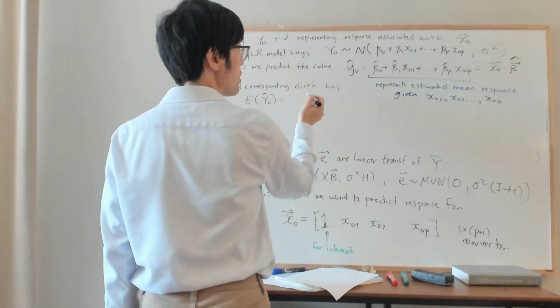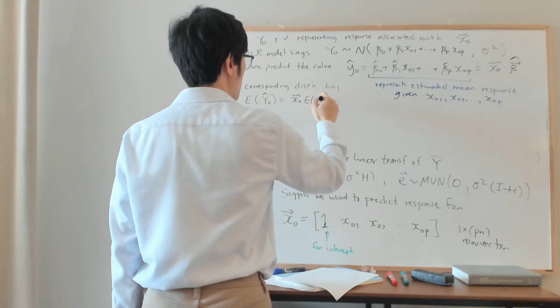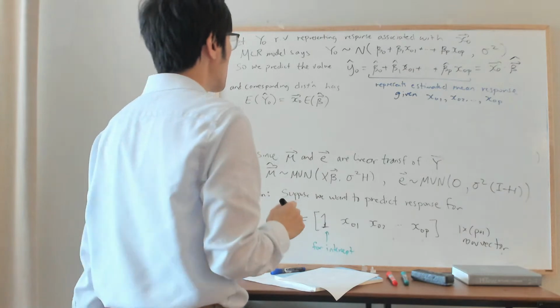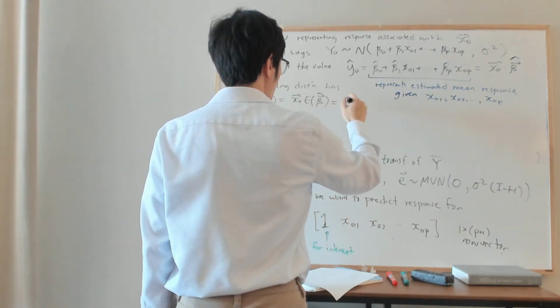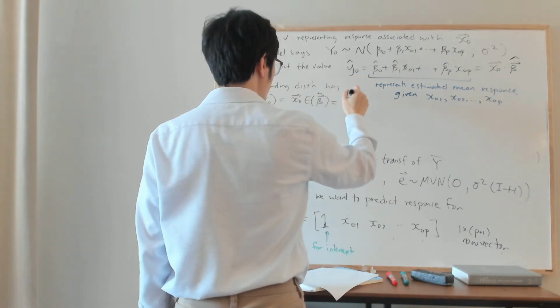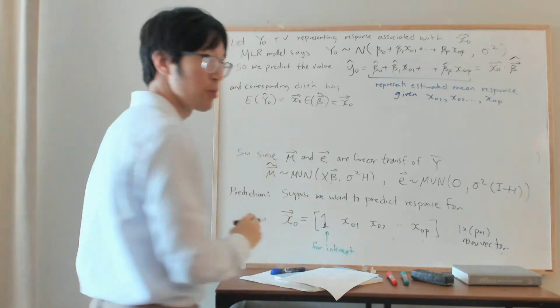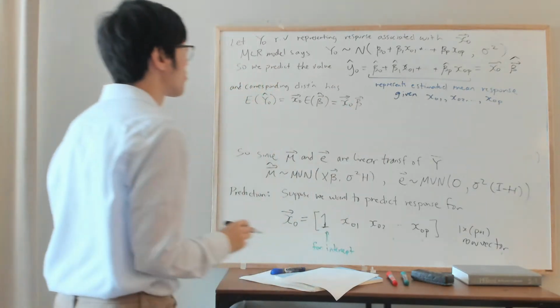This would be x0 times the expectation of beta hat, which we showed last time is an unbiased estimator for each individual beta in the vector, so x0 times beta.